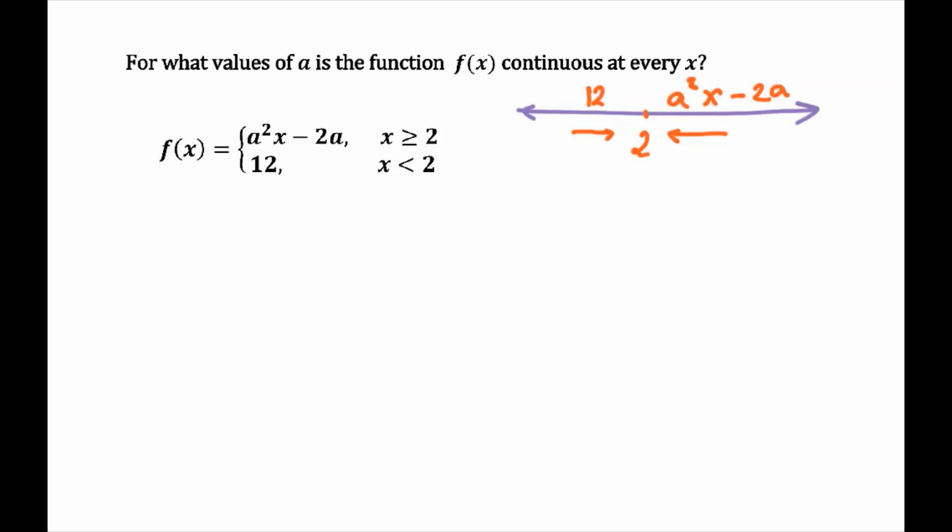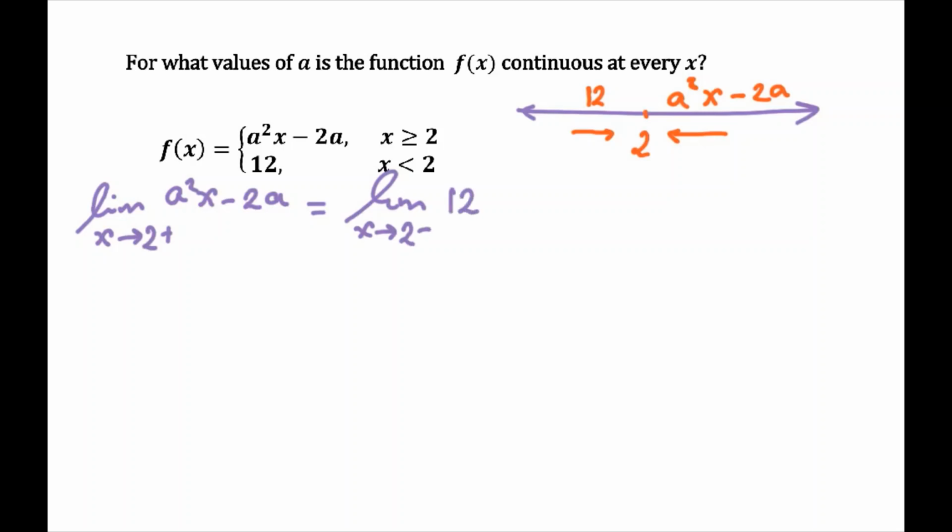Now, by calculating the limit, as x approaches 2 from the right, we are using a squared x minus 2a, equal to the limit as x approaches 2 from the left side, and it's a constant function, 12. By substituting x by 2, we are going to get a squared times 2 minus 2a equal 12. Now, this is a quadratic equation. Move 12.